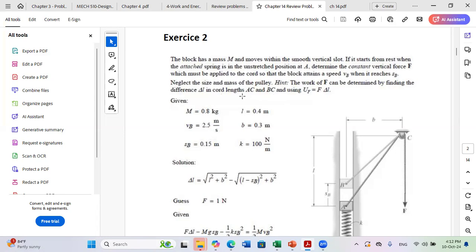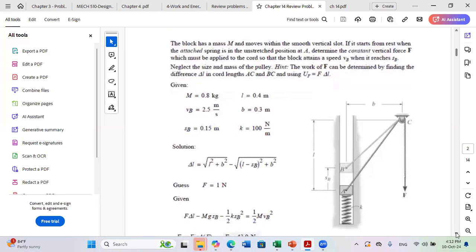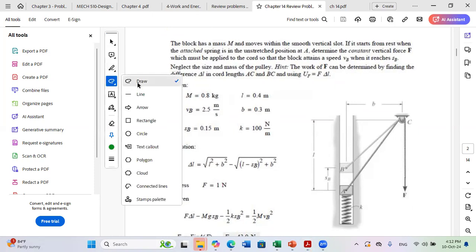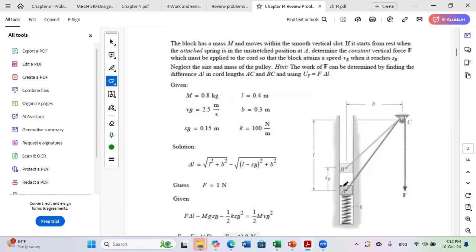Let us see how. So here's the challenge in this problem. If I just consider the system of the block and I do my analysis, I can draw a free body diagram for the block. We have several forces acting on the block. We have the spring force.